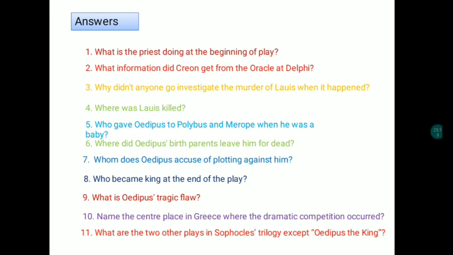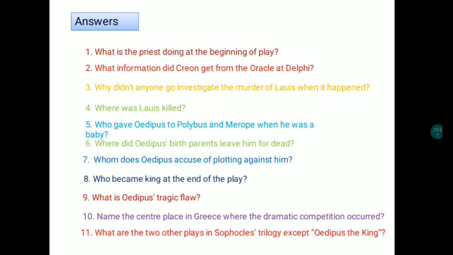Third question: why didn't anyone go investigating the murder of Laius when it happened? Fourth question: where was Laius killed? Fifth: who gave Oedipus to Polybus and Merope when he was a baby? Sixth question: where did Oedipus's birth parents leave him for dead?